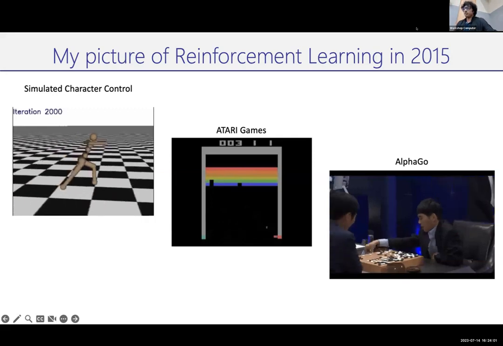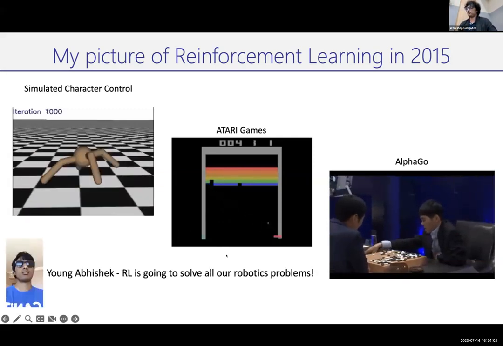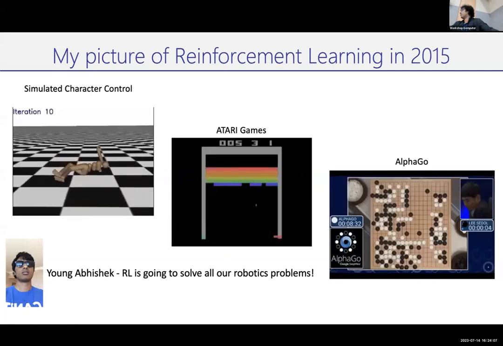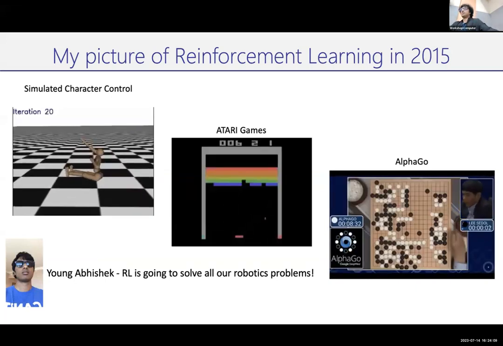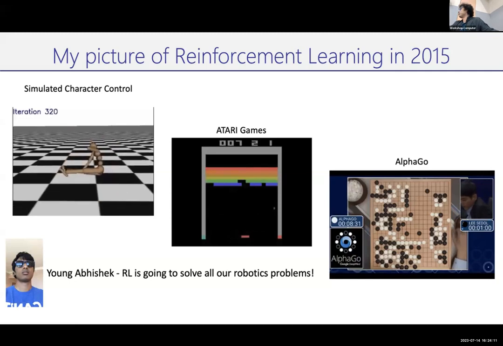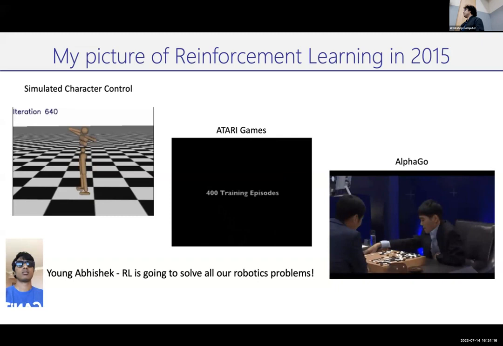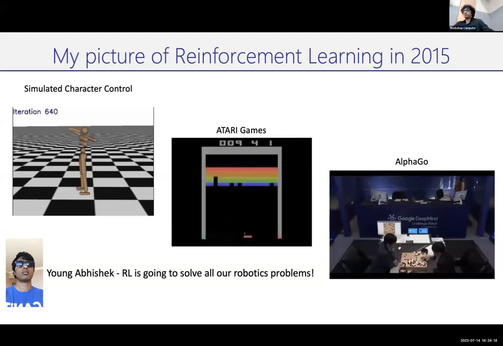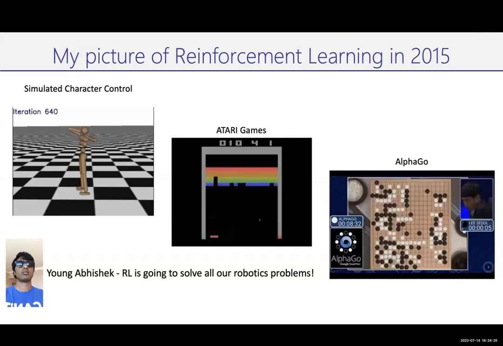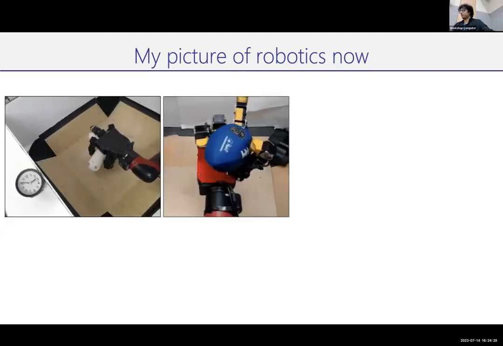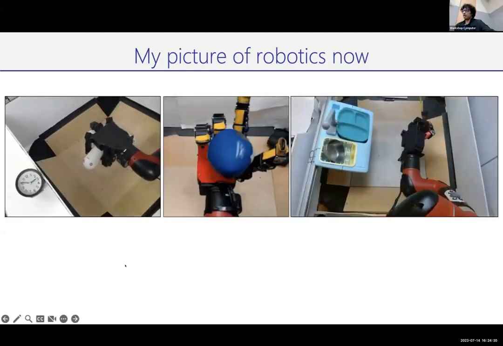And so young me was convinced that RL is the solution that's going to solve all of our robotics problems, and we just need to develop more sample efficient algorithms. If we just take DQN and throw it at robotics problems, we're going to solve everything. Right? And that was in 2015. And now, what is that? 8 years later, we've gotten some robotic stuff to work.